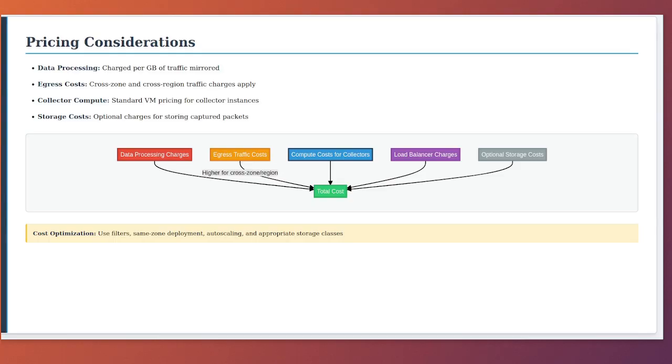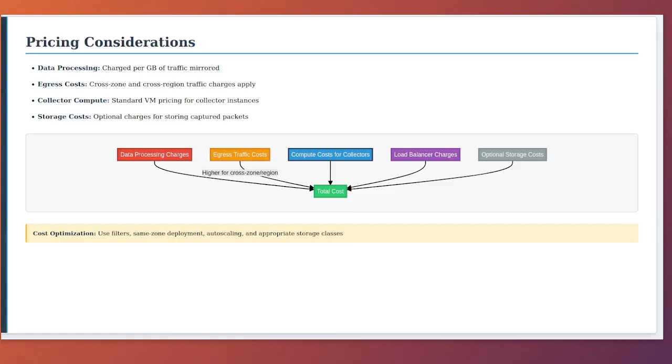Below that, we see egress traffic costs. Remember from our bandwidth discussion that mirrored traffic is transmitted from source instances to collector instances. This transmission is egress traffic, and Google Cloud charges for egress based on where the traffic goes. If your collector instances are in the same zone as your source instances, the inter-zone egress charge does not apply.